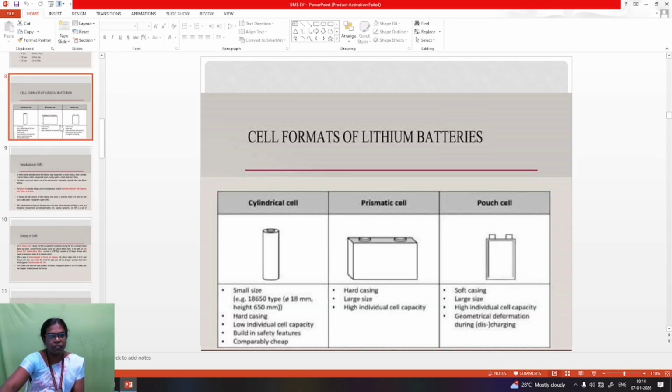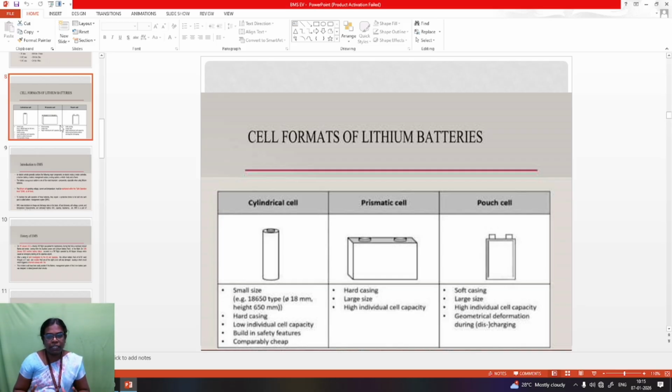And next, the cell format of lithium batteries. The cell format is very important in choosing the battery. We have 3 types: cylindrical, prismatic and pouch. Mostly we use cylindrical cells in laptops, mobile phones or drones, because of their compact size.